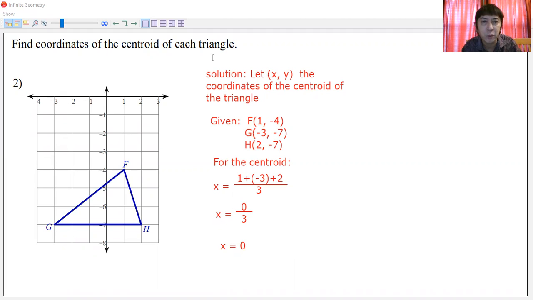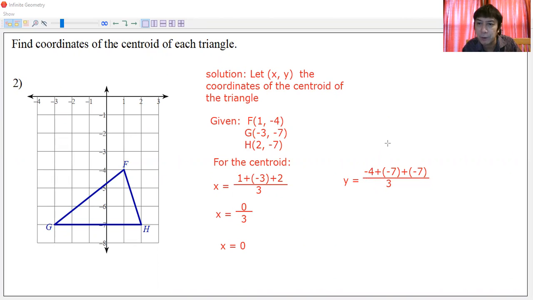We're now about to compute for y. So y is equal to the y values, we have negative 4 plus negative 7 plus another negative 7 there. And then we shall divide this by 3. Remember the first discussion, we have the formulas. The formula is to get the average.